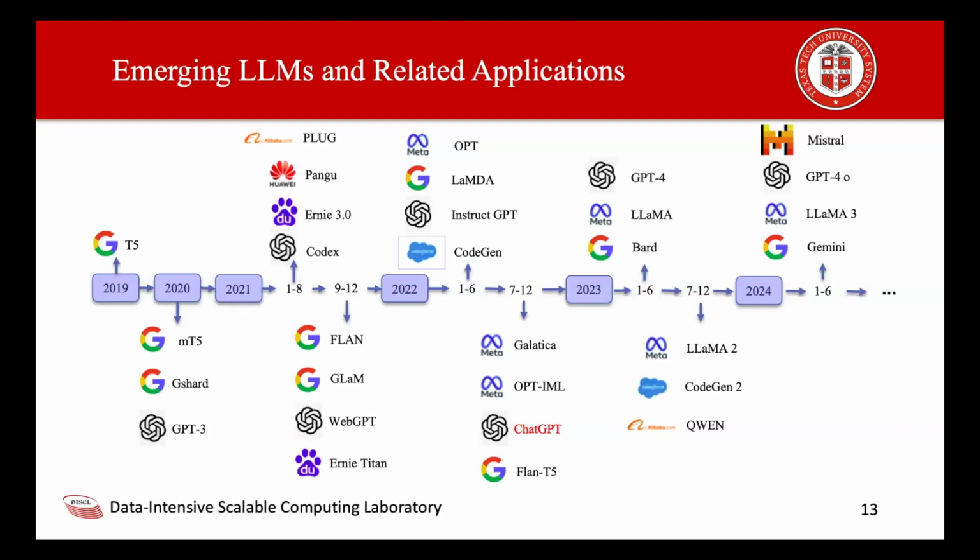We can see many large language models have been released by big companies like Google, Meta, and OpenAI. So GPT-3, Llama, Bard, GPT-4o, and actually many large language models are fine-tuned and built based on these basic models. So we can also build our method on it.